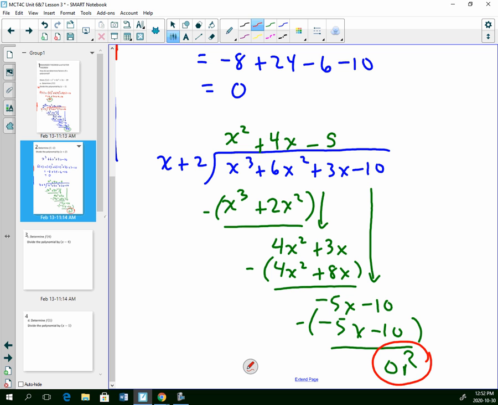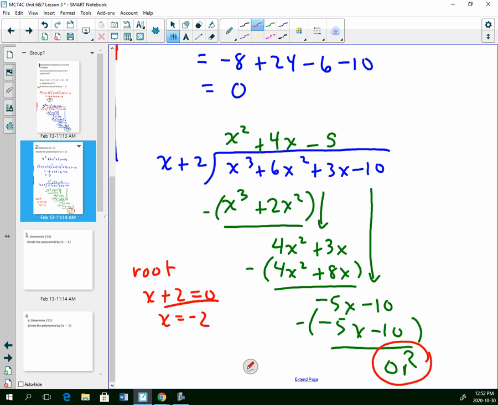So it looks like when I do the function notation of the root, I get the same answer as if I did the long division and compared the remainder, right? So the root of x plus 2 is x equals negative 2.